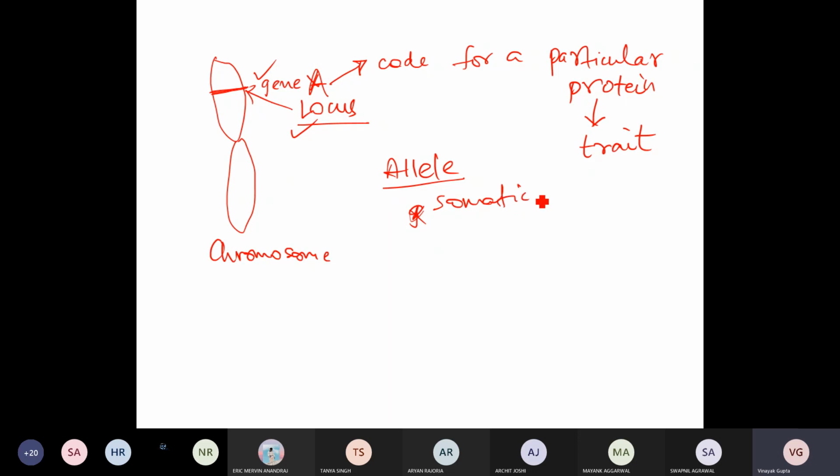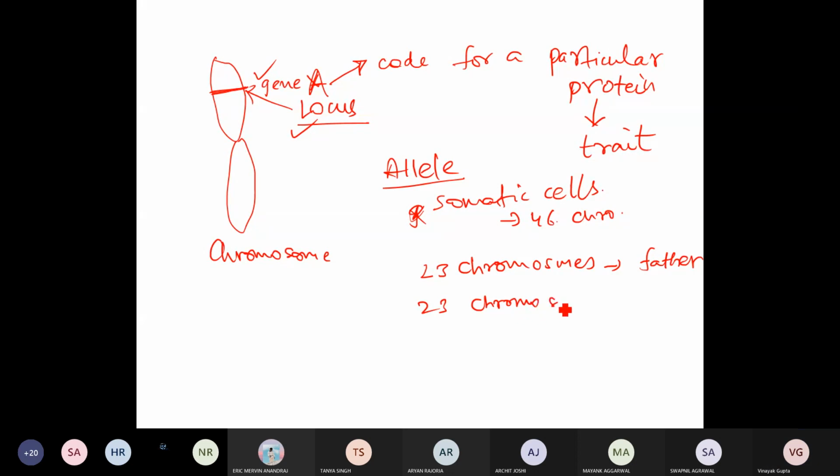In somatic cells, we have 46 chromosomes. Here in these 46 chromosomes, 23 chromosomes are from the father and 23 chromosomes they are from the mother.